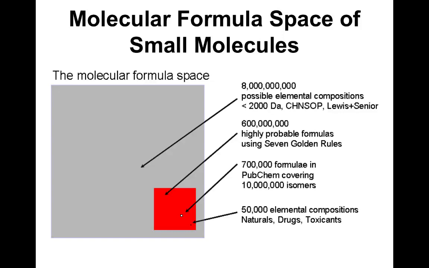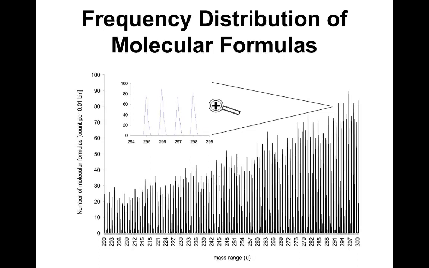And if you shrink that further in terms of the number of ones that are known, it's even smaller. As you increase the molecular weight, the number of possible compounds increases. So if you're looking at large molecules, it's technically more difficult to identify them purely by formula or by mass matching. If you're looking at small molecules, it is intrinsically supposed to be easier.